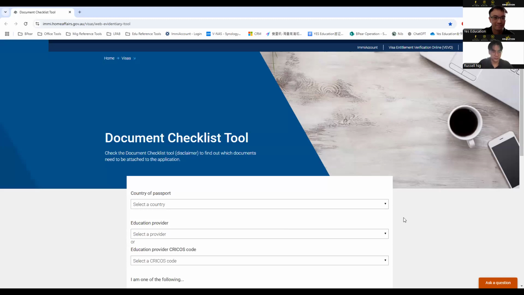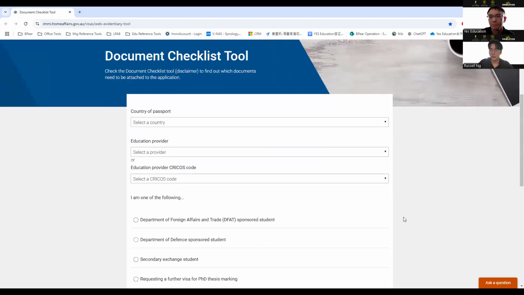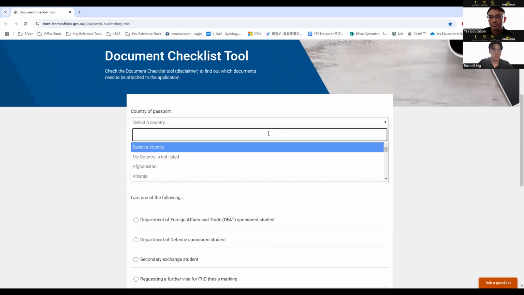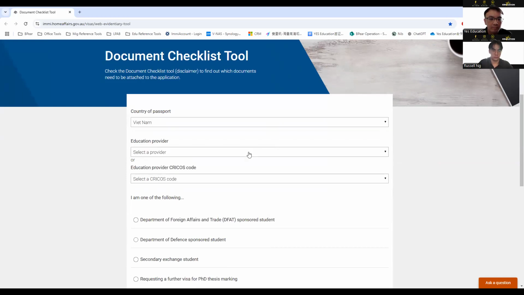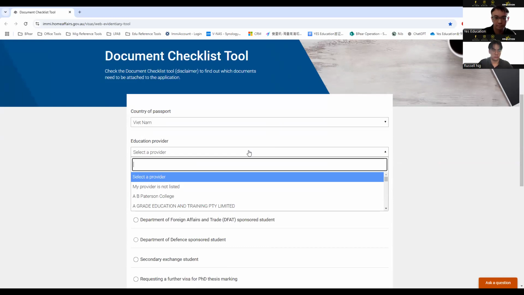Okay, it's a document checklist tool. You need to put in the student's country, for example, Vietnam, and you choose a university or the education provider.